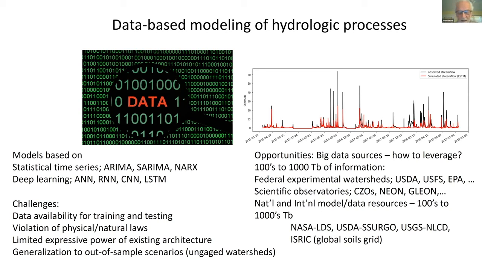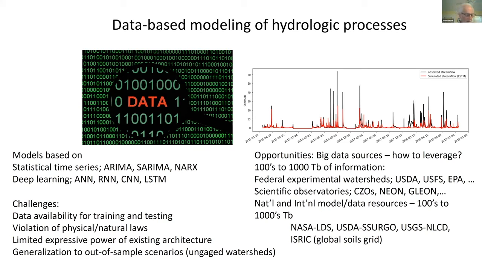This was discussed a lot yesterday, such as conservation of mass, conservation of energy, and so forth. And we want to make sure the model doesn't do that. So that's a big challenge, to build the architecture so it doesn't do that. Another is how to build model architecture to capture highly nonlinear behavior, which we see in hydrological processes. And then, of course, transfer to out of sample situations. There was a lot of discussion of that yesterday in the aquatic sciences section of the session yesterday afternoon.